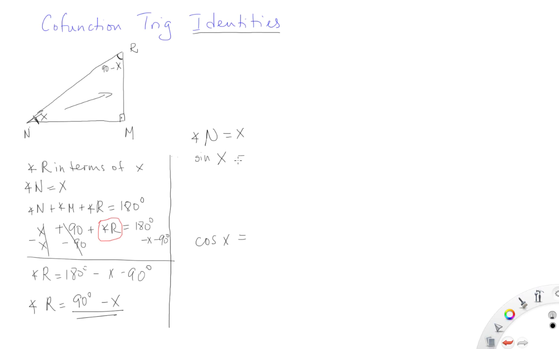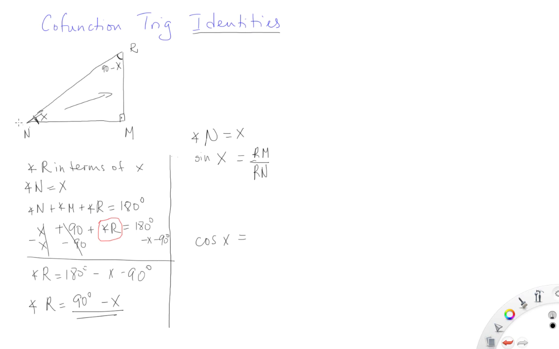The opposite side is called RM, this side over here, and the hypotenuse is RN. So RM over RN.